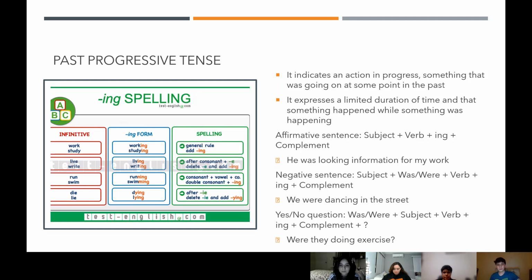He was looking for information of my work. Negative sentence: subject plus wasn't/weren't plus verb plus ing plus complement. We weren't dancing in the street. Yes/no question: was/were plus subject plus verb plus ing plus complement. Were they doing exercise?